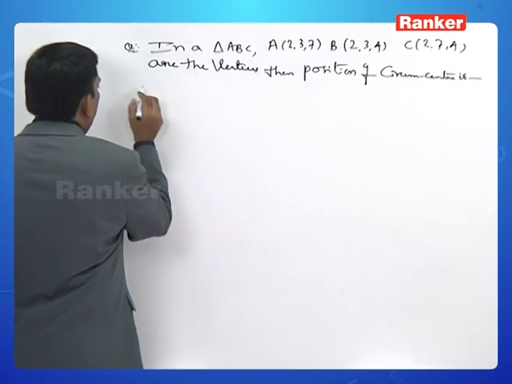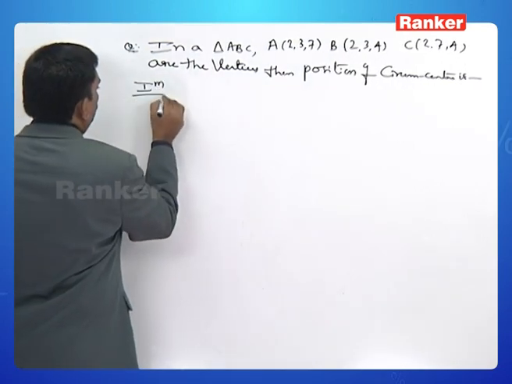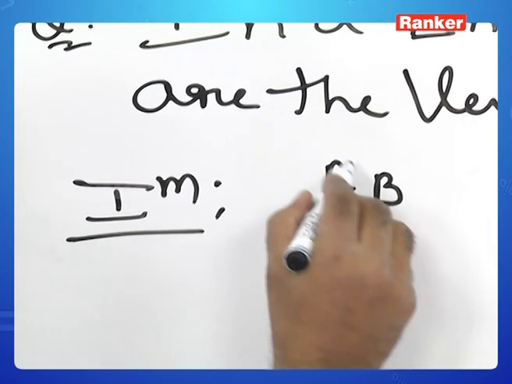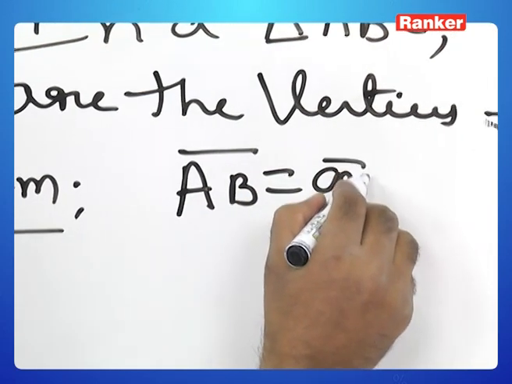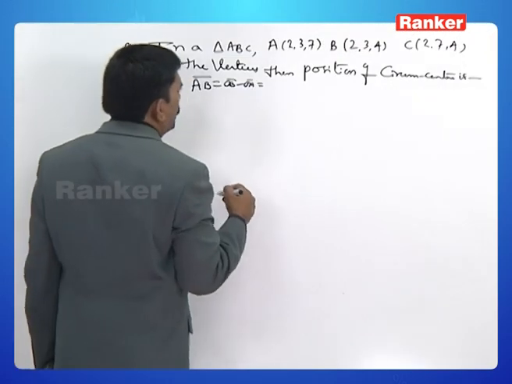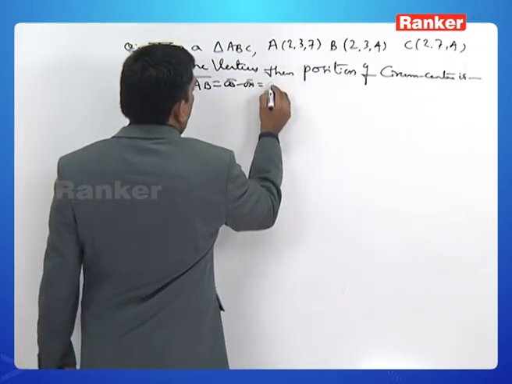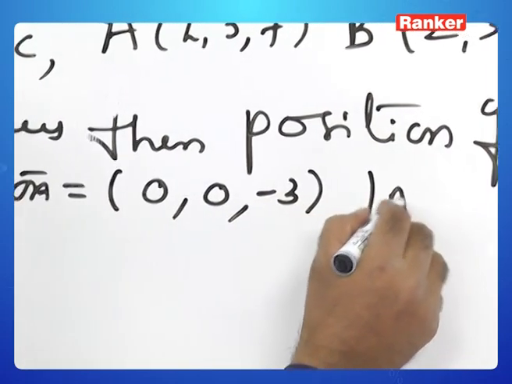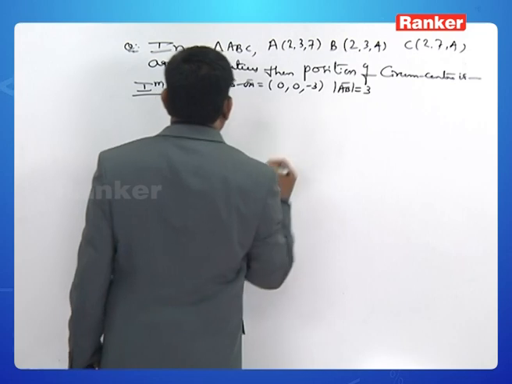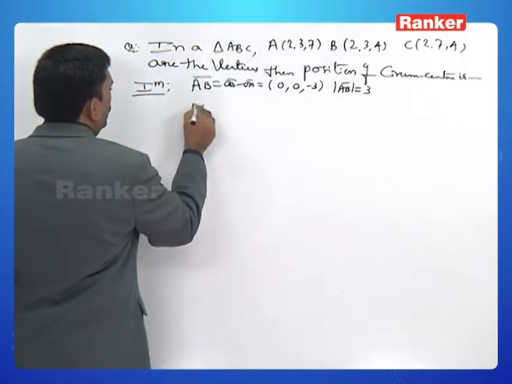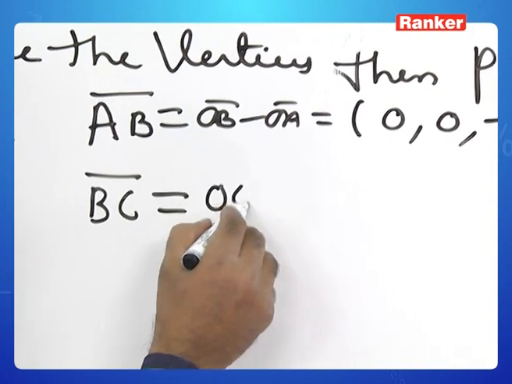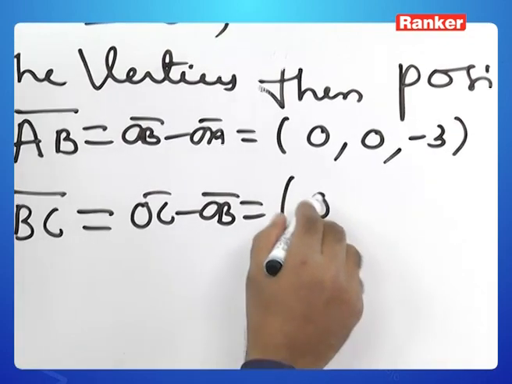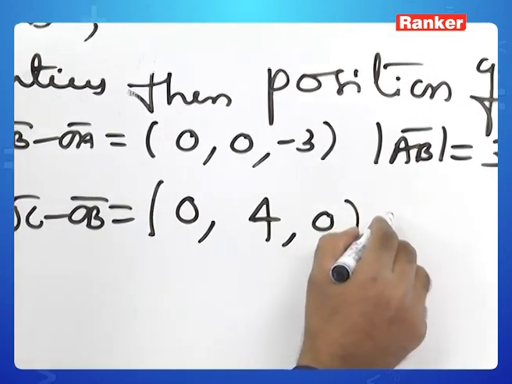Now I told you the very first method is, first you find AB bar, OB minus OA. This minus this is 0, this is 0, it's a minus 3. What's the modulus of AB bar? 3. Next, BC bar, OC minus OB, this is 0, this is a 4, this is 0.